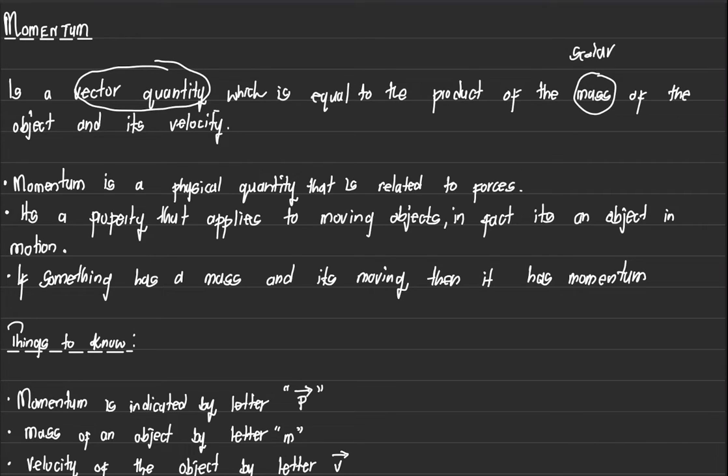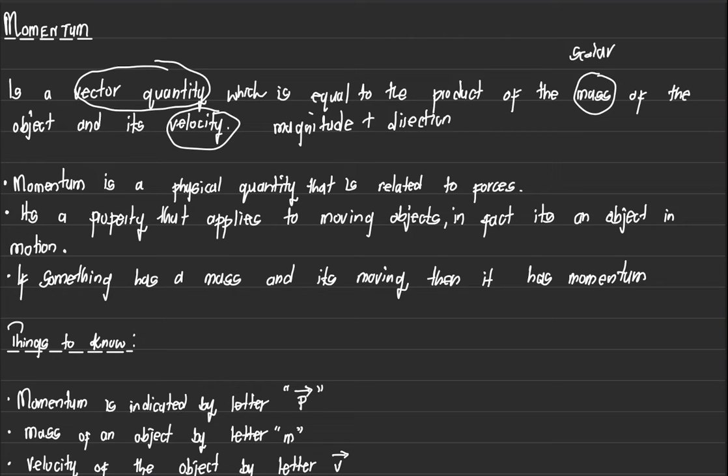We know that velocity is a vector quantity. Why? Because a vector has both magnitude plus direction. That is why we say that momentum is a vector quantity. It takes the velocity's direction, and so it will have both magnitude as well as direction.